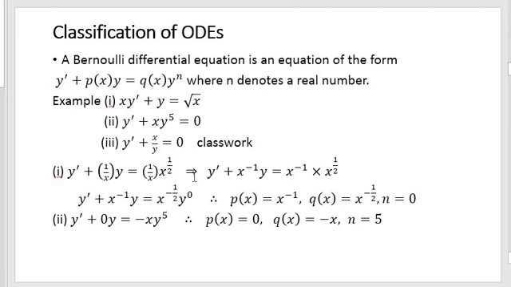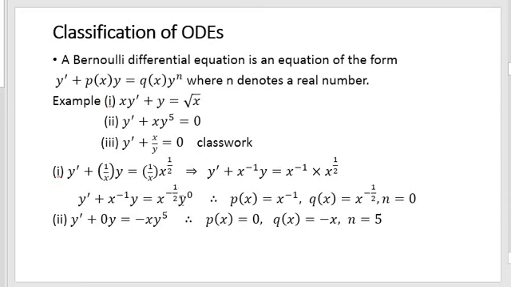This implies that y prime plus x to the power minus 1 y, applying laws of indices, is equal to x to the power minus 1 times x to the power half. Then applying laws of indices, when you have the same base, the powers we add. So if we add minus 1 plus half, this should give you minus half.